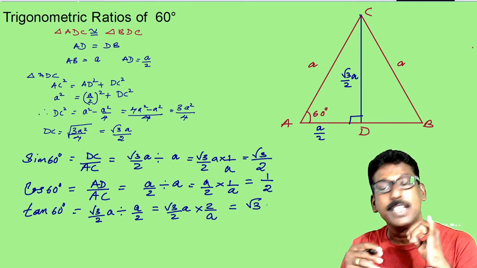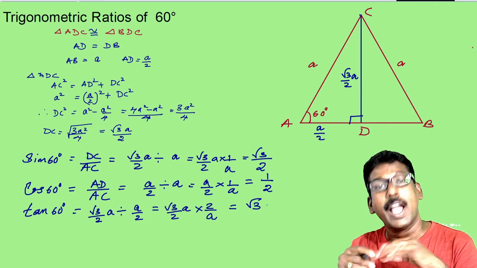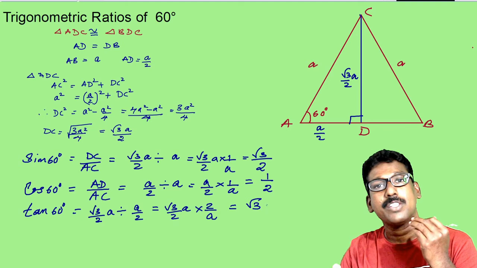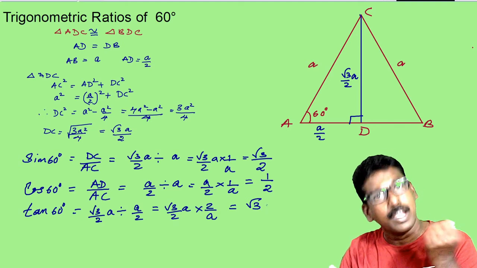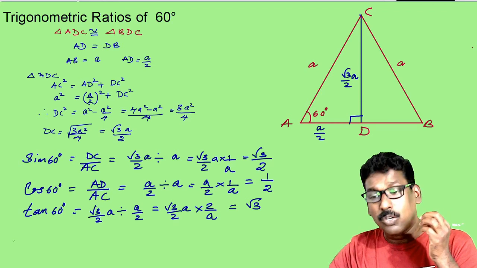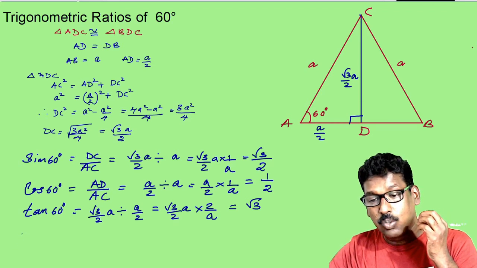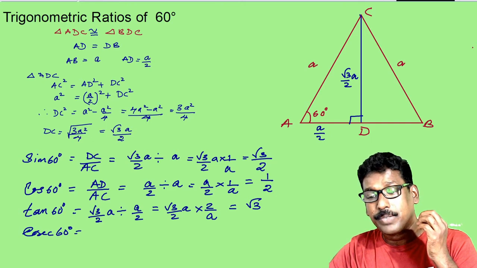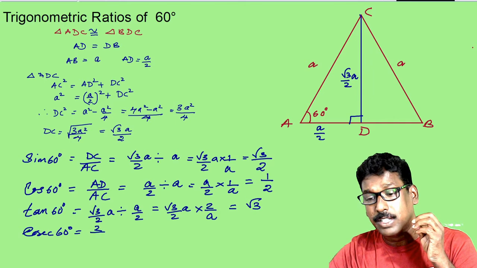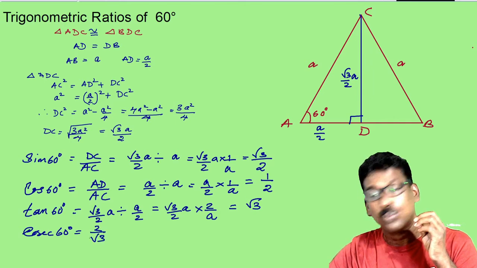You got sine 60, cos 60 and tan 60. Now, take the reciprocal of these, you will get the other ratios. So, the reciprocal of sine, which is cosec. So, cosec 60 degrees is the reciprocal of sine 60 degrees, which is equal to 2 by root 3.